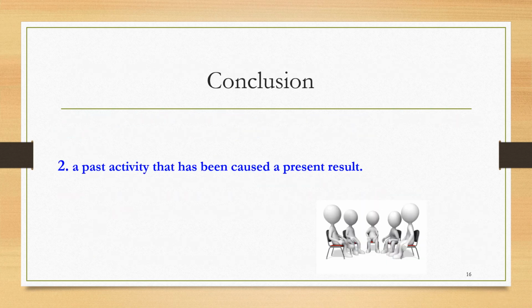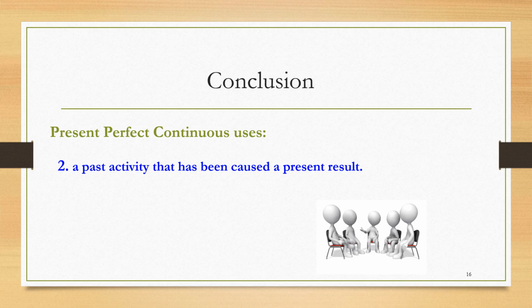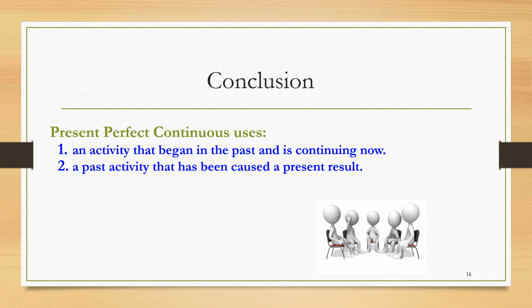Okay, so that's all for the sharing today, and we shall move to the conclusion. So the present perfect simple passive is not far different from the present perfect continuous. I will not try to talk much about this one, but we just conclude about the present perfect continuous use.